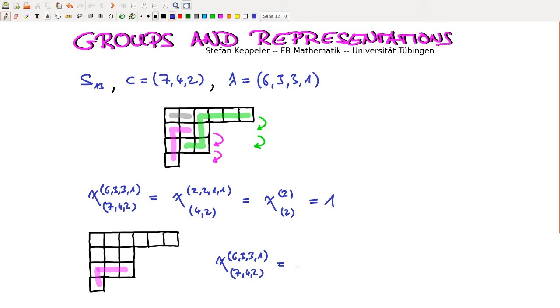So by removing the 4-cycle, we get the character of 6, 3. It's a character of S9. The cycle structure, remove the 4: 7, 2. And in this case, we had just one vertical step. So we get a minus sign here. It's an odd skew hook.